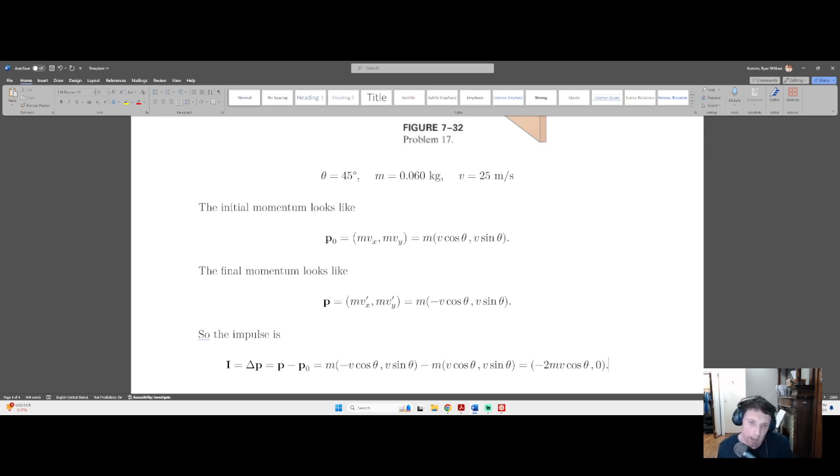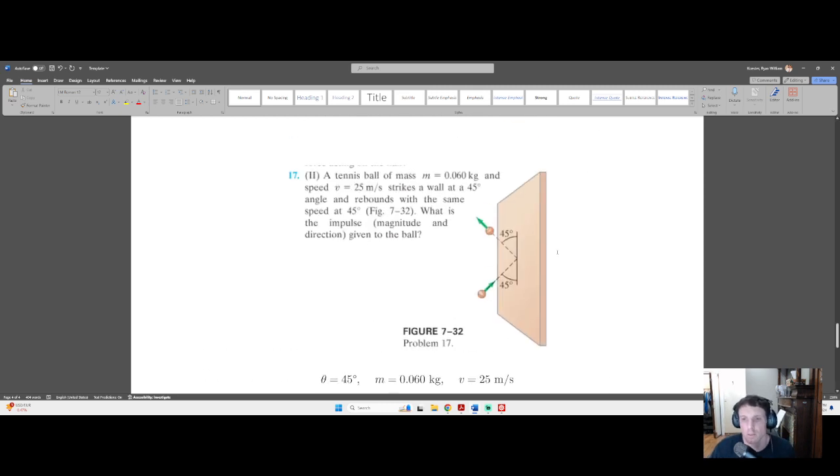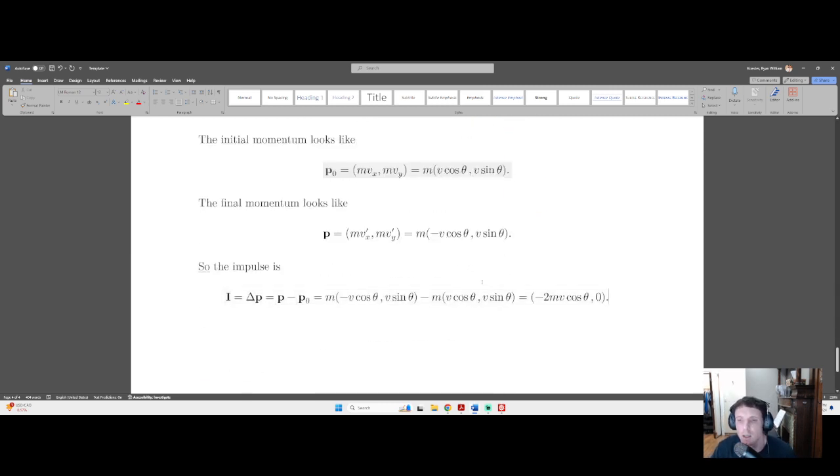Because as the ball collides with the wall, the wall will exert a normal force on the ball, right? And that should be perpendicular to the surface of the wall. What that means is that this force is exerted directly to the left, which is our negative x direction, right? That's why we find that the impulse has a negative x component and a 0 y component.